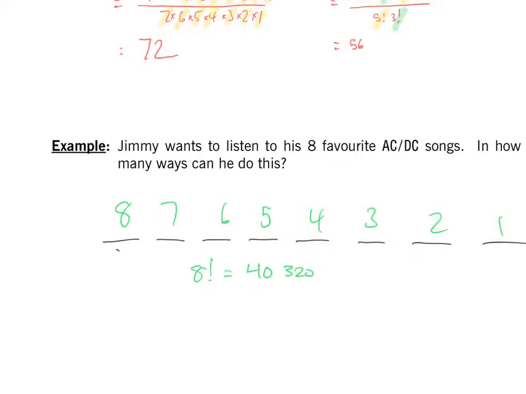So there's 40,320 ways that Jimmy can listen to his 8 favorite AC/DC songs in order. There's that many different orders in which you could play the songs. Okay?